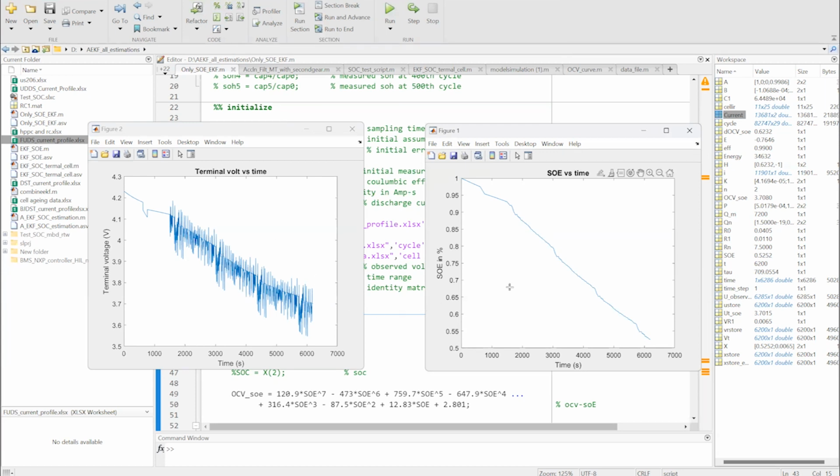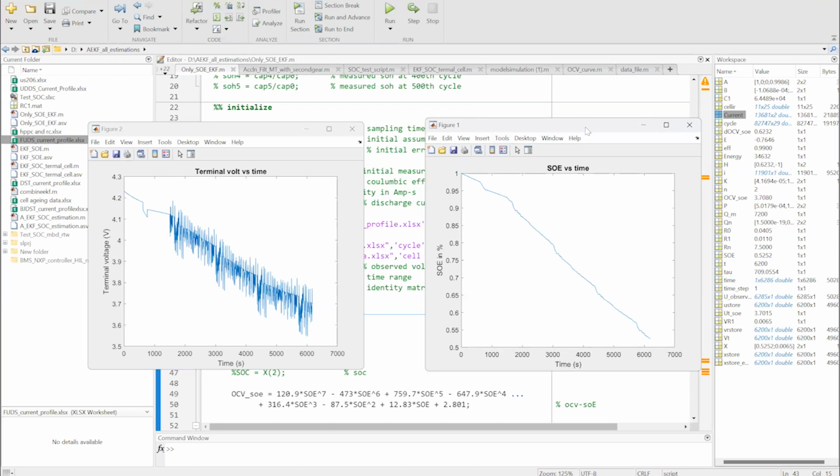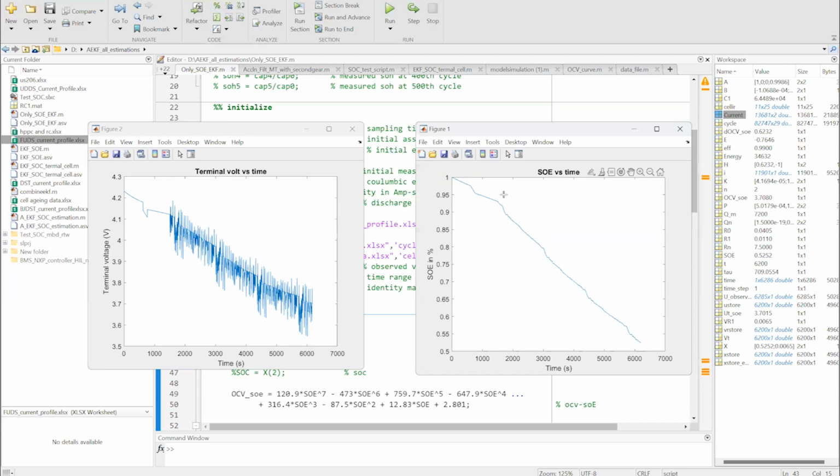I'm not saying that this is the result we got, 100%, because it is still in validation. But somewhat it is giving the trend that it is supposed to give. It started with the initial value as 100%.